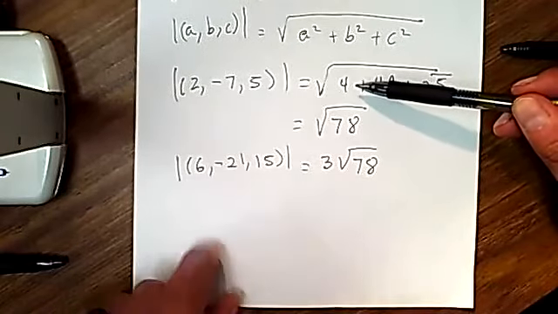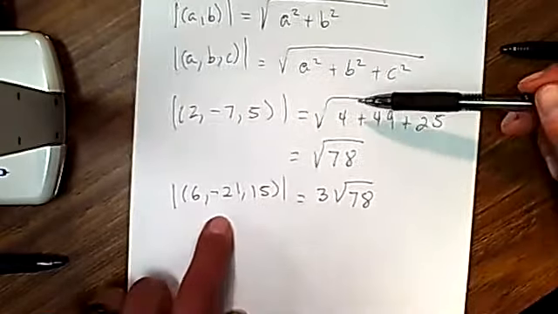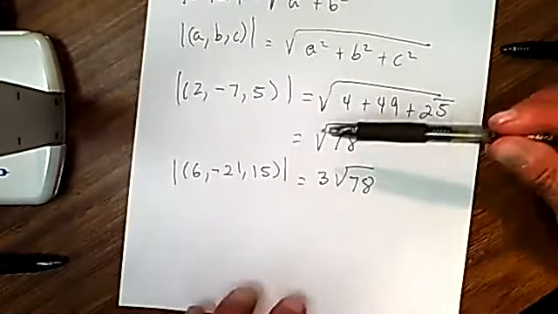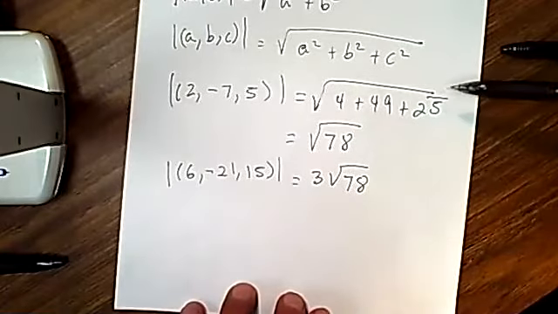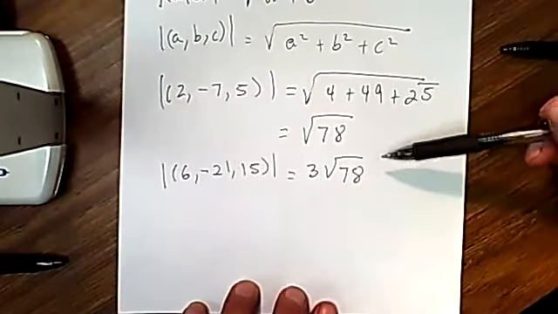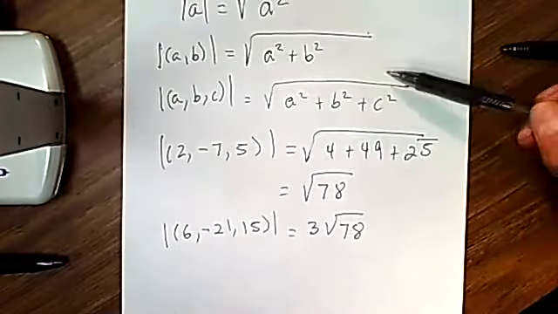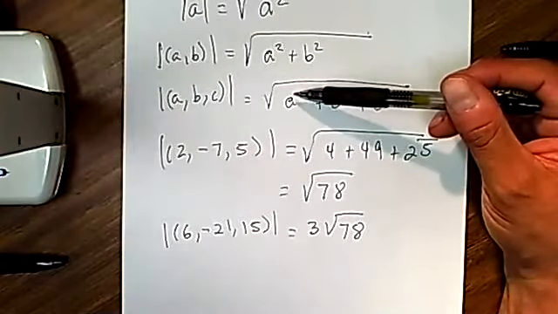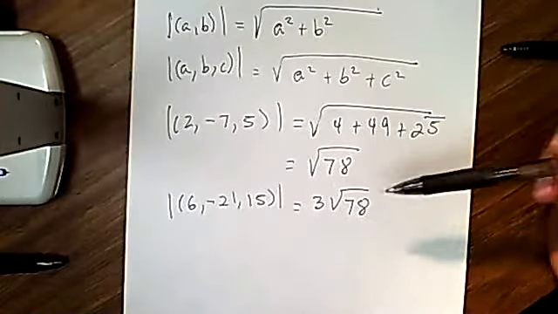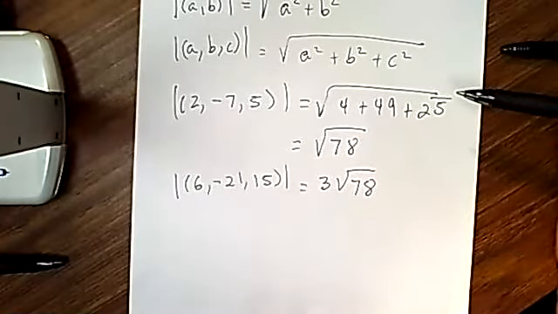So sure enough, this is going to be 36 when we put that into this formula. And 21 squared, I have to figure that out, 400 and change, I believe, and then 15 squared, another bigger number, 200 and change. But then we could factor the 9 out inside the root, and then we can move the 9 out as a 3, and that's how we would end up with 3 times the square root of 78, assuming that my 78 is correct.